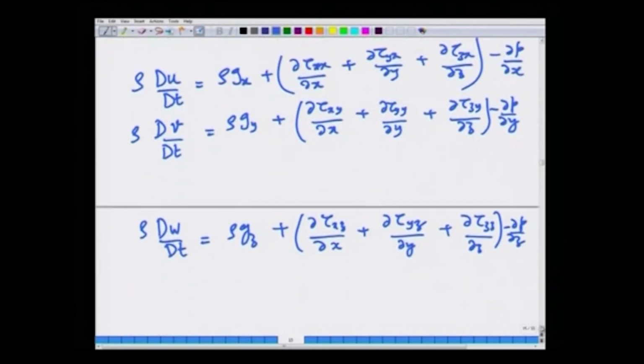So, this completes the derivation of the differential momentum balance. These are called the Cauchy stress balances or the Cauchy momentum equations. The interpretation of this is very simple.